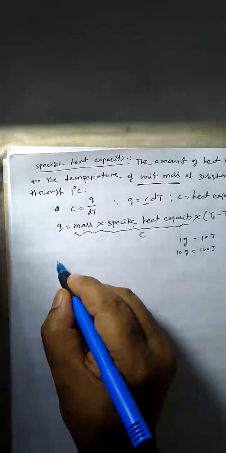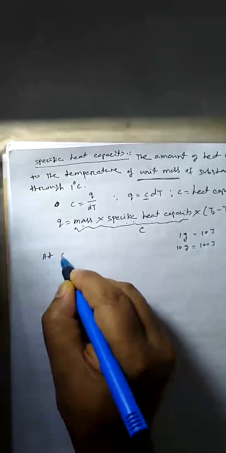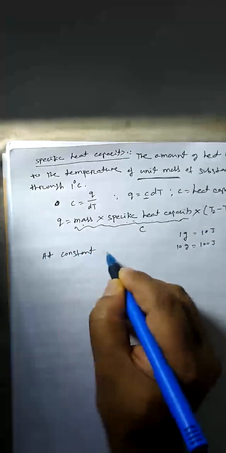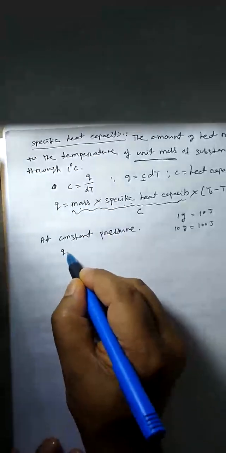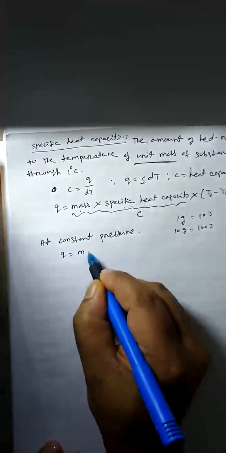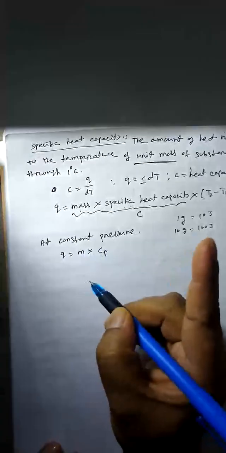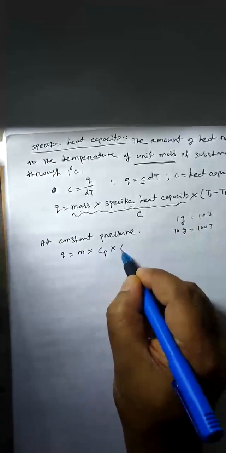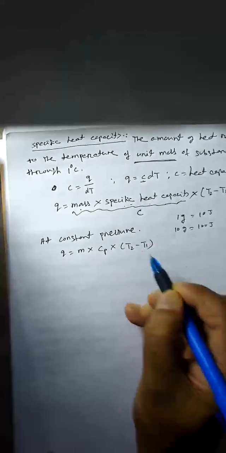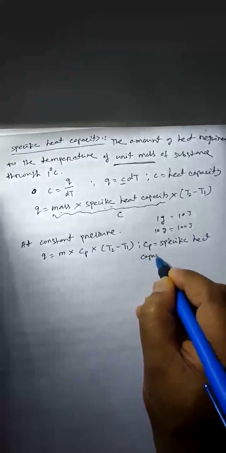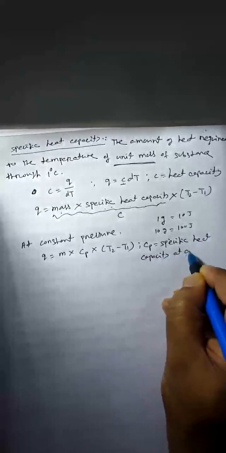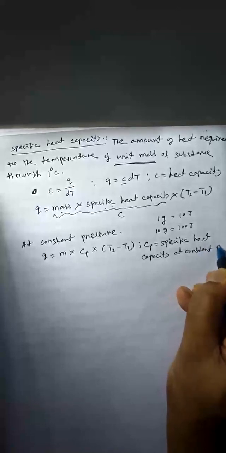If we consider constant pressure, then Q is equal to mass of the substance into Cp into T2 minus T1, where only the naming is changed. Cp is called specific heat capacity at constant pressure.